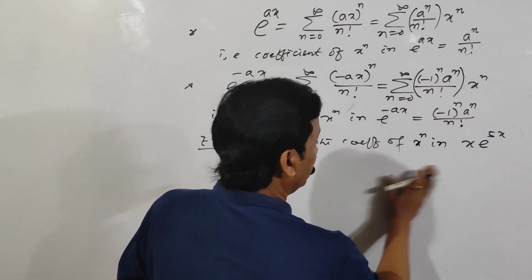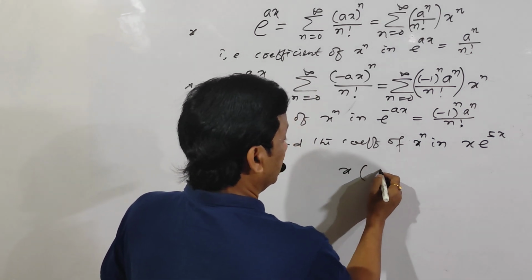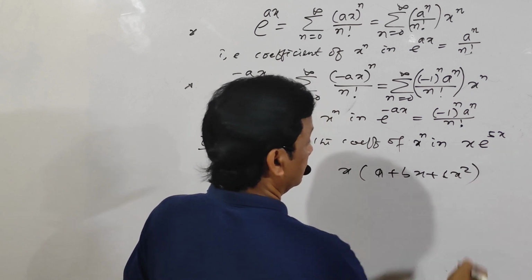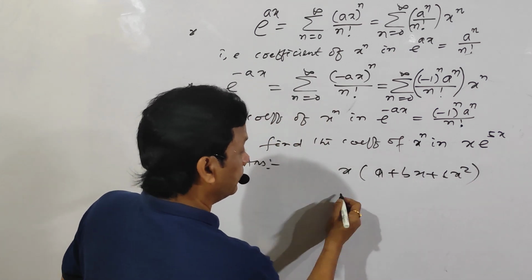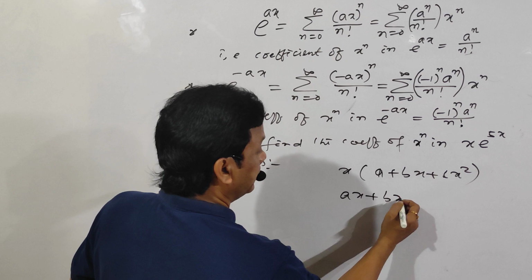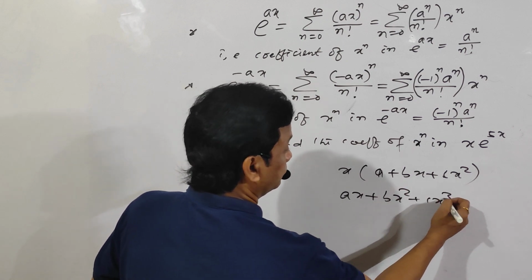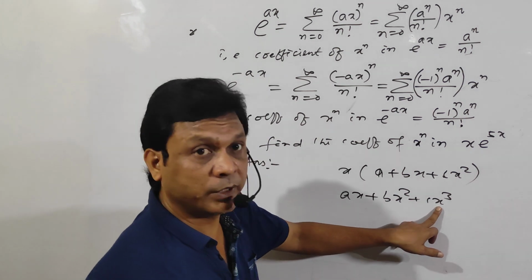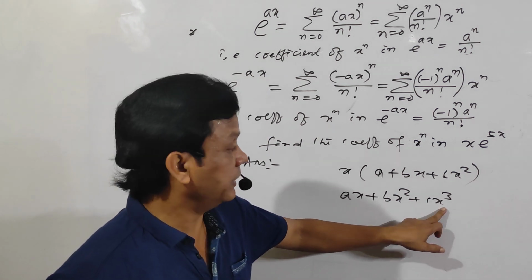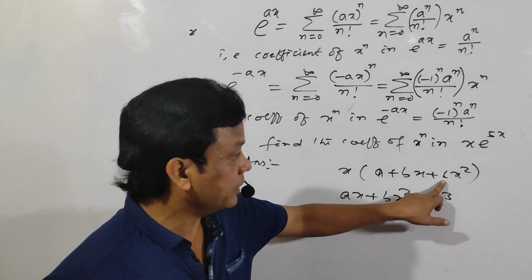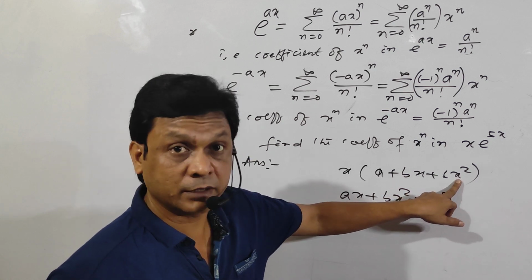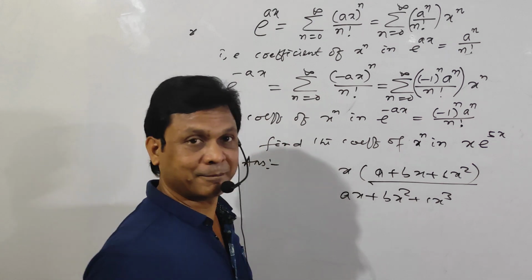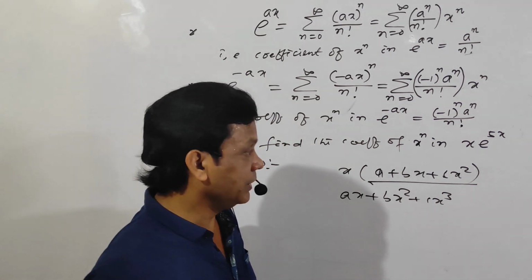See here, one example I am going to tell you. x into a plus bx plus cx square. After multiplication, you get ax plus bx square plus cx cube. If I want to find out the coefficient of x cube, it is c. But what is c actually? c is the coefficient of x square in this expression. Clear?